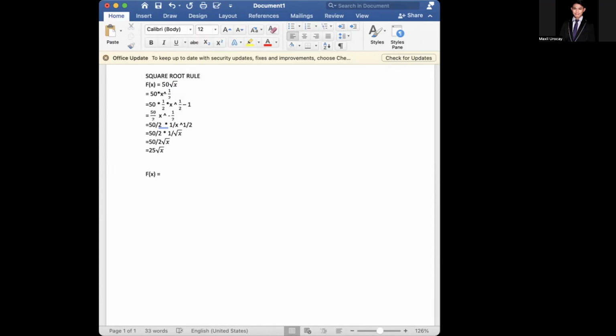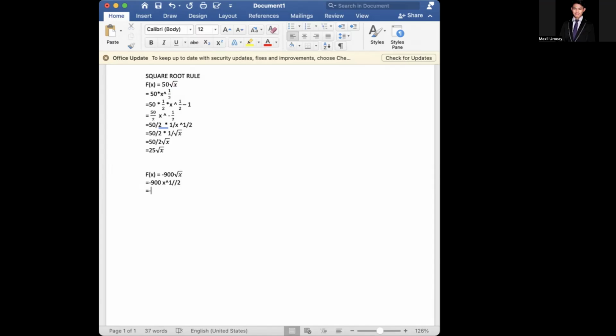So the same thing, negative 900 times the square root of x. So what will happen? It will become negative 900 times x to the power of 1 half. Just understand it because I don't have my stylus here.